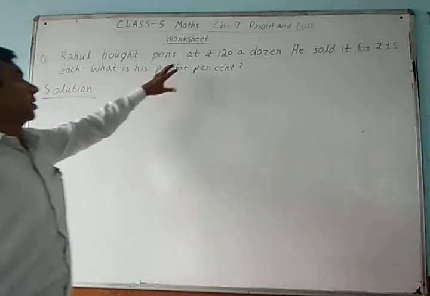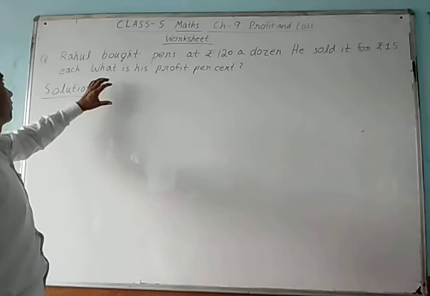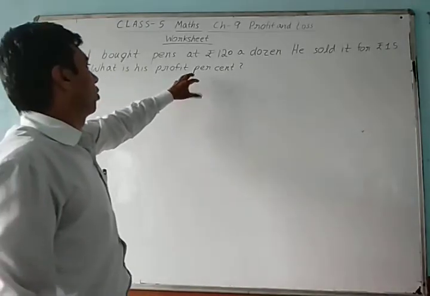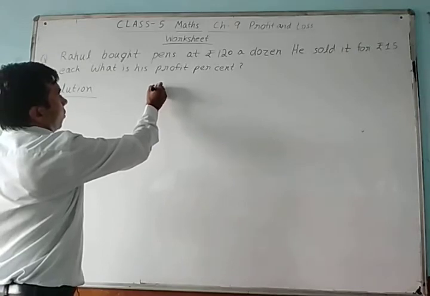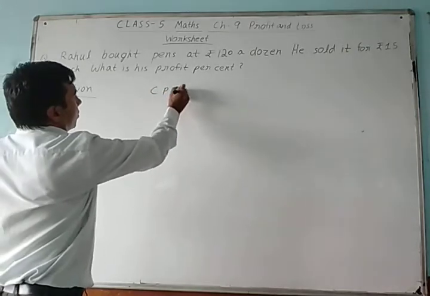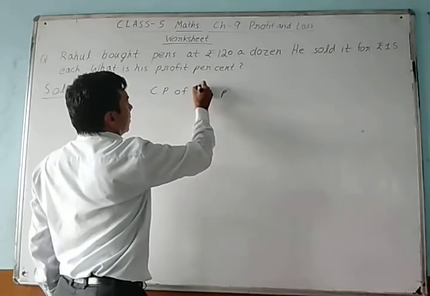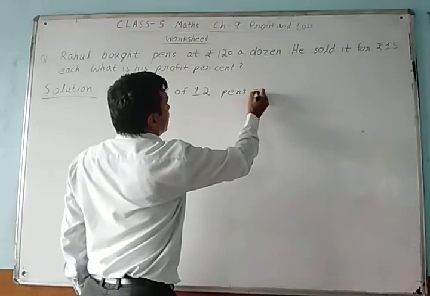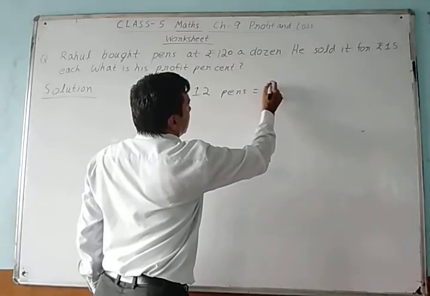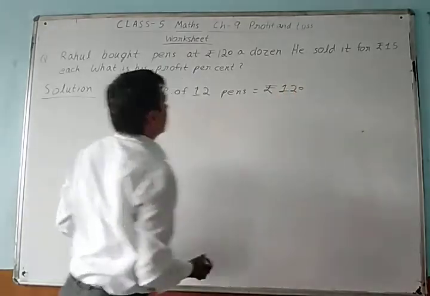Rahul bought pens at rupees 120 a dozen. He sold them for rupees 15 each. What is his profit percent? So student, what? Cost price of 12 pens is equal to rupees 120.